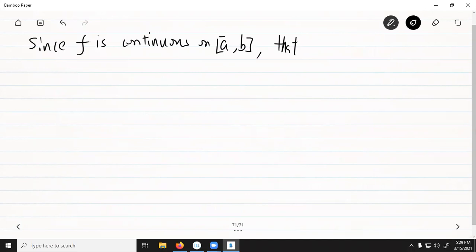If you have a convergent sequence, f is also continuous. So f of x sub n sub k will converge to f of x0.